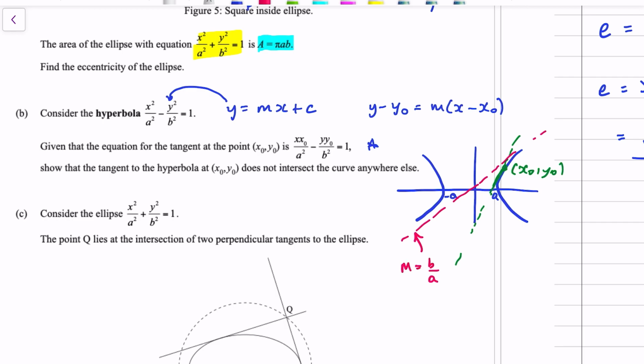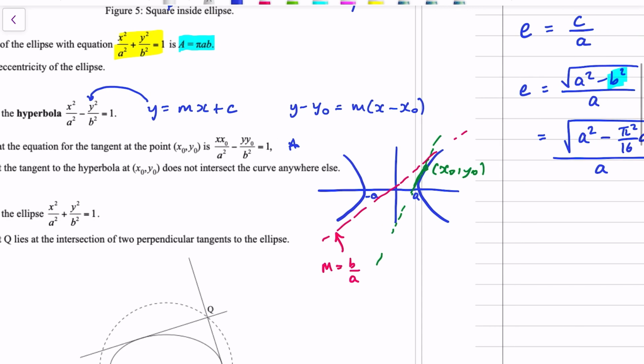That's the slope of the asymptote there. And if the tangent is steeper, then it's not going to be able to go through and intersect the other branch of the hyperbola. That's what we're trying to prove. So I'll leave you to think about how you could use a tangent slope argument there, and it mentions that in the assessment schedule as an alternative. But I think the question was intended to do it algebraically, so let's go about doing that.